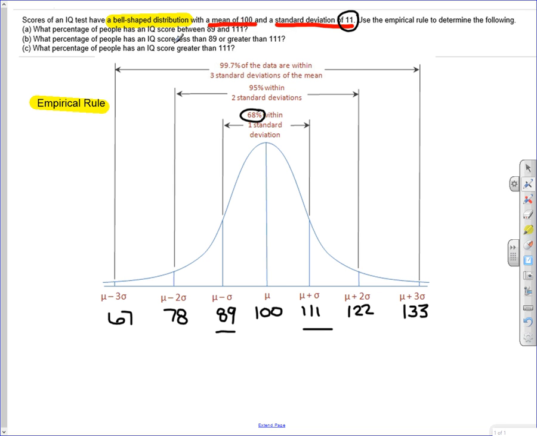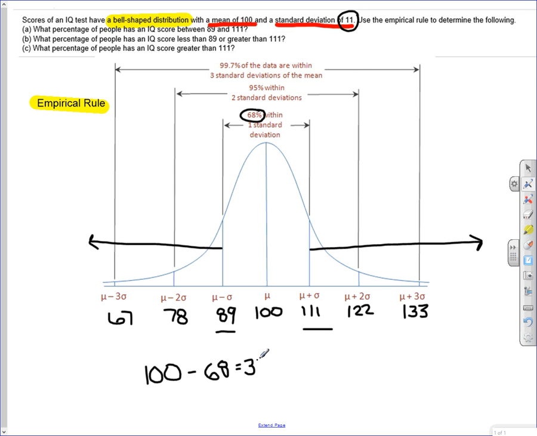What percentage of people have an IQ score less than 89 or greater than 111? If we know that 68% are inside of here, we want to know how many people don't fall in there. If they took an IQ test, well, everybody did, so that would be 100%. 100% of the people are somewhere in these scores and 68 are in here, so we subtract: 100 minus 68 gives us 32.